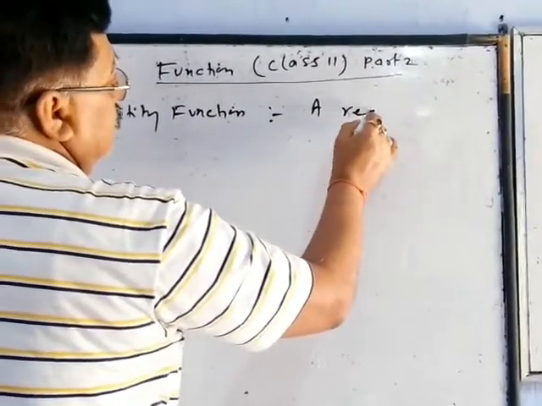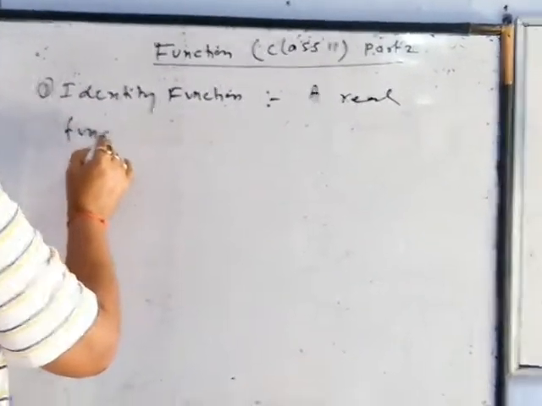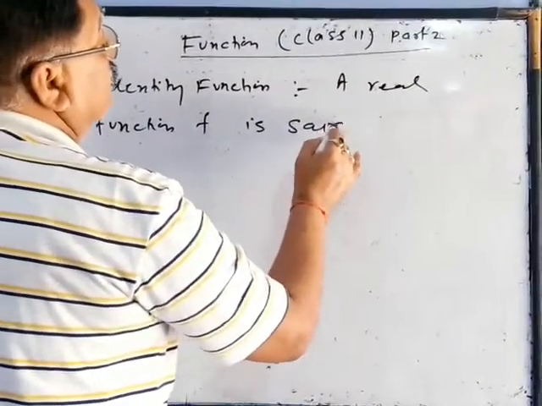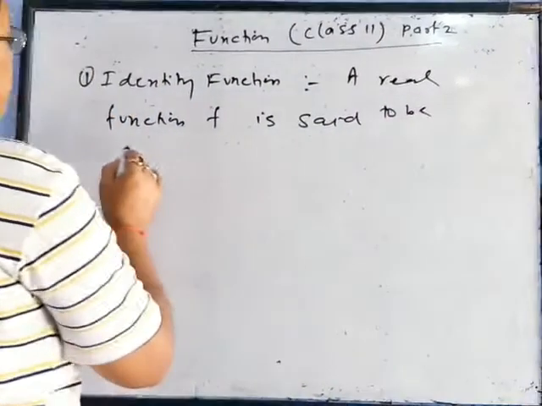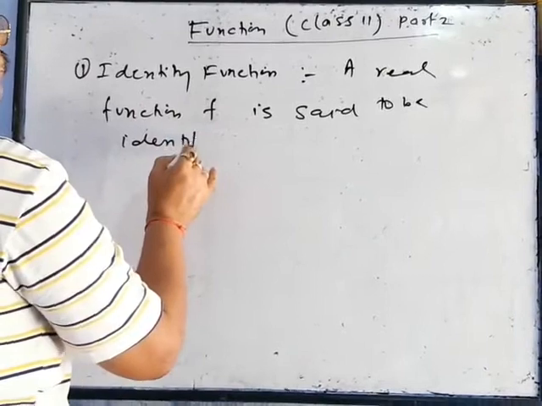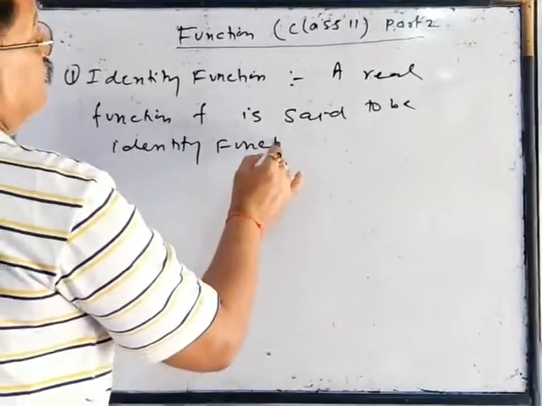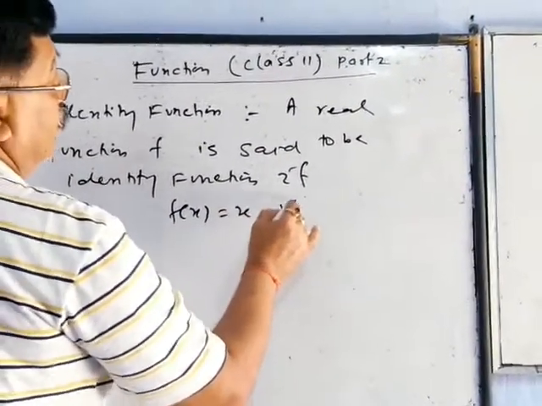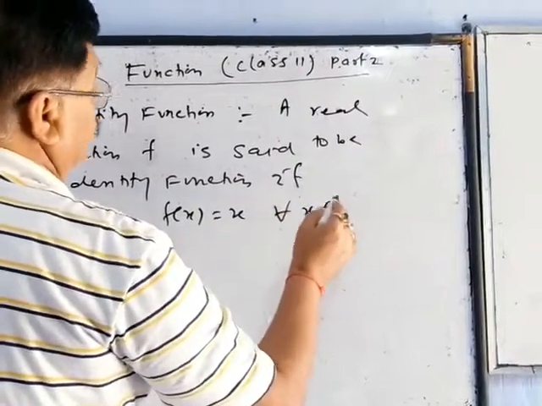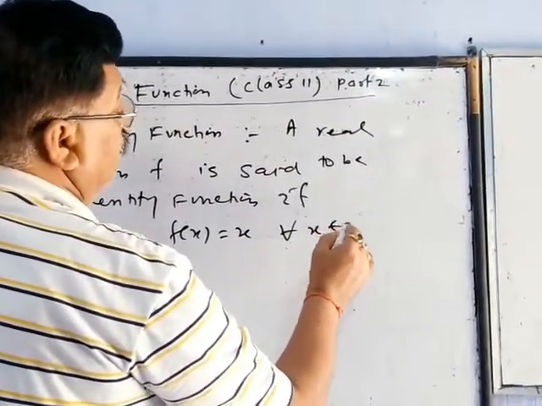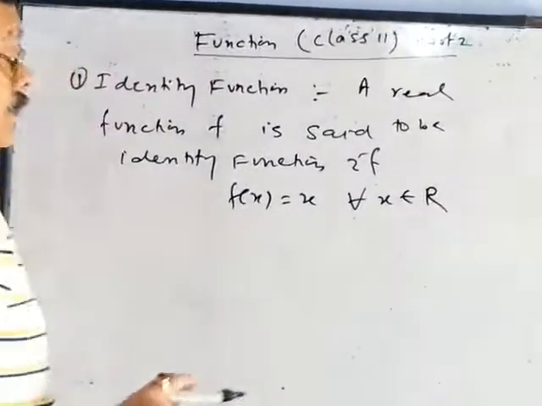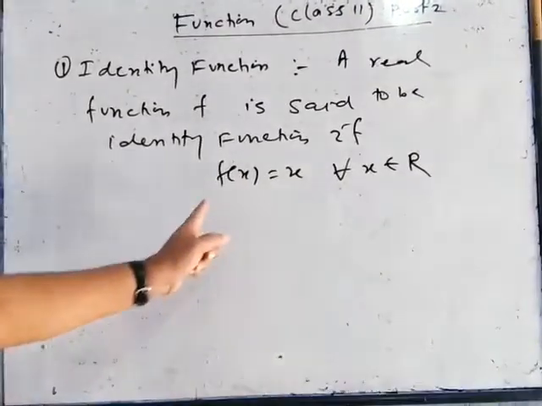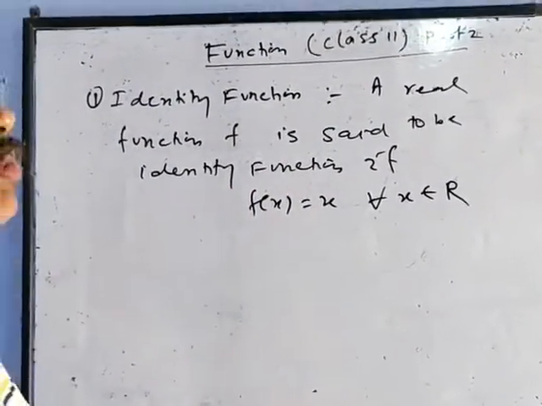A real function f is said to be an identity function if f(x) is equal to x for all x belonging to R. f(x) is equal to x for all x belongs to R. This is the rule of identity function.